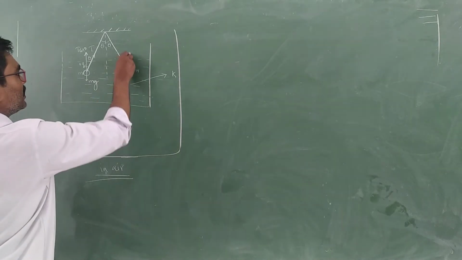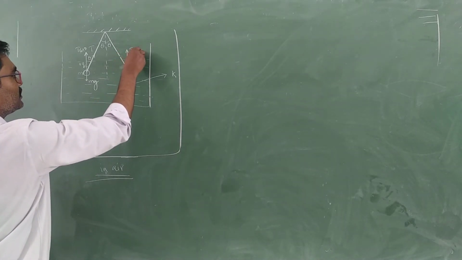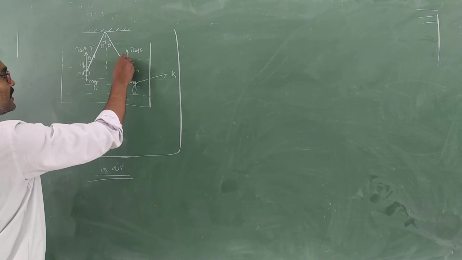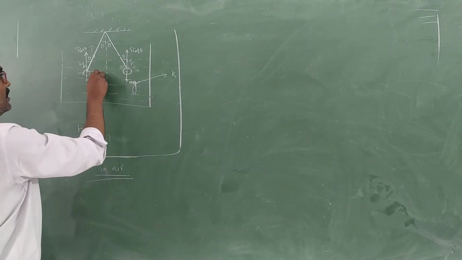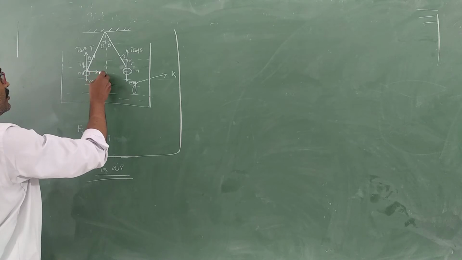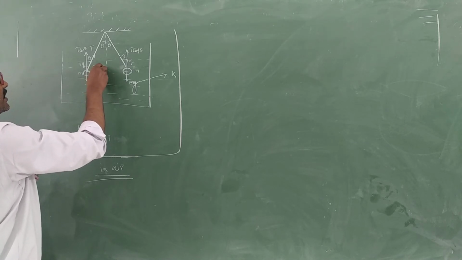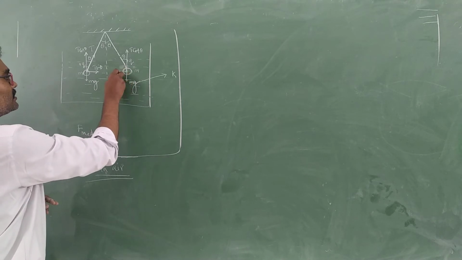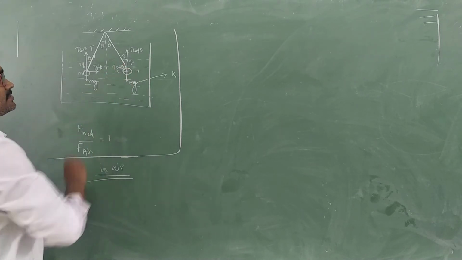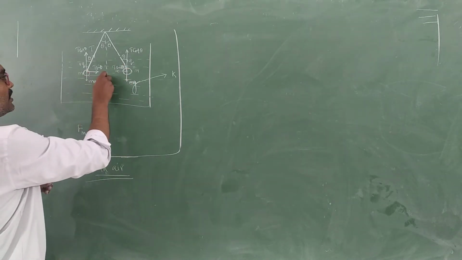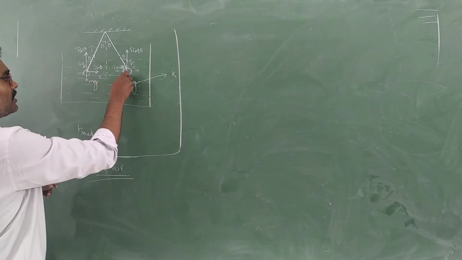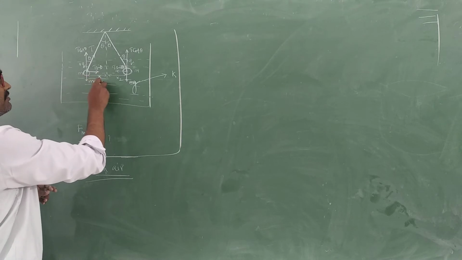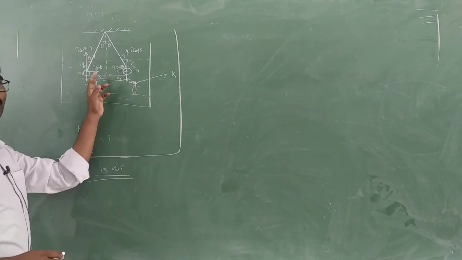Here also T cos theta, this is mg. This makes an angle theta, and this way it is T sin theta. This way also T sin theta. From here to here it is x1, and from here to here it is x2, suppose. So the total separation between them is x1 plus x2.